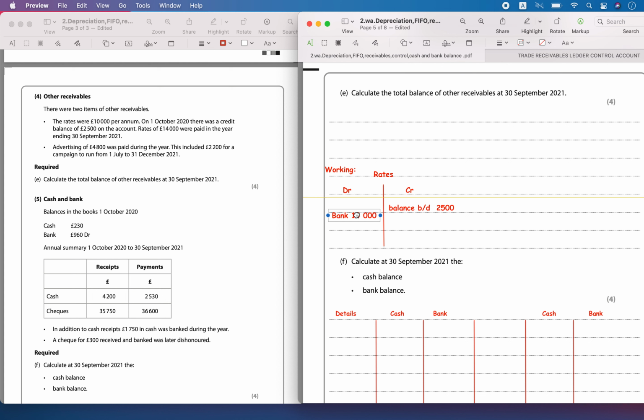The paid amount was 14,000, but in the income statement it is going to go as 10,000. Then it says, what was the prepaid amount we have to calculate. So let's calculate this here.